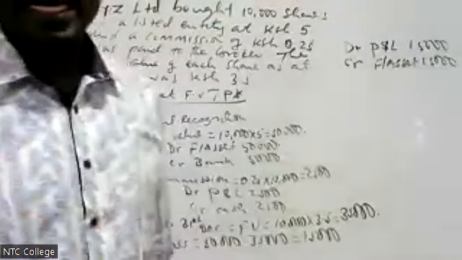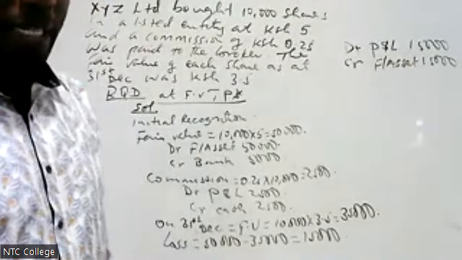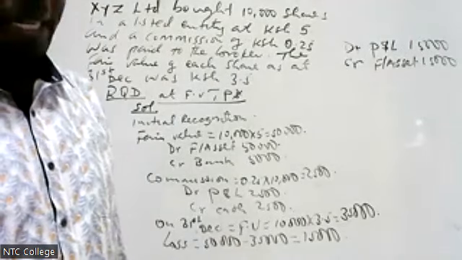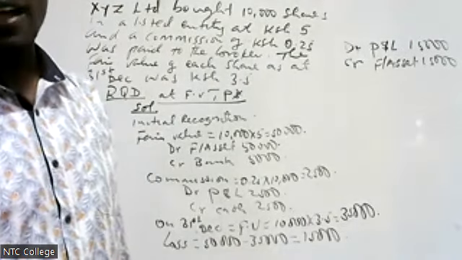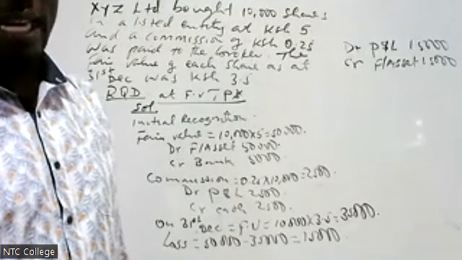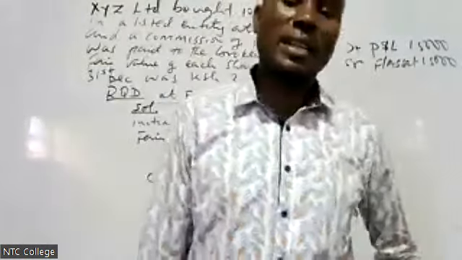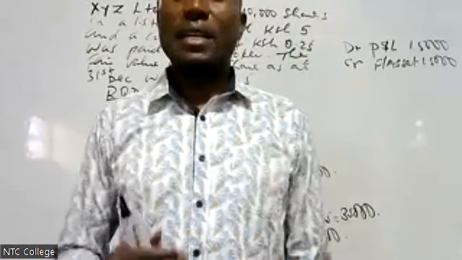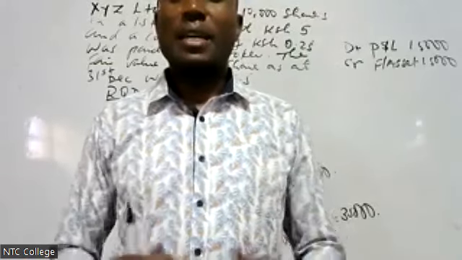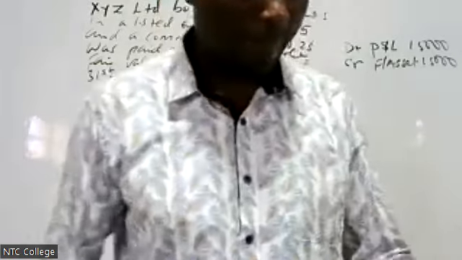We say X Limited acquired 200,000 shares for Kenya shillings 500,000, incurring issue cost of 40,000.